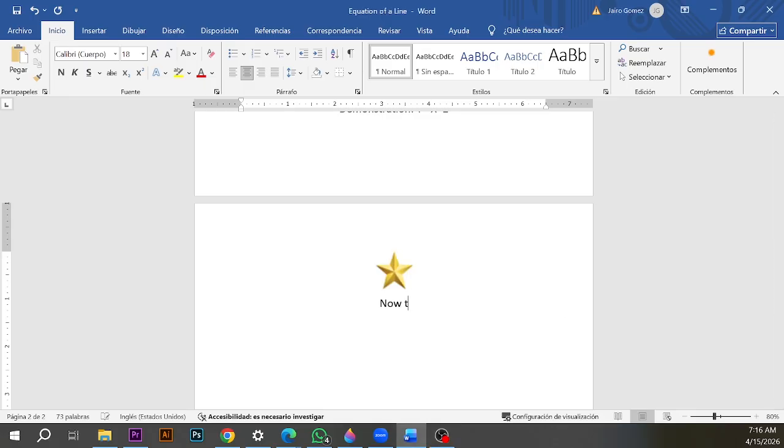So now that we saw that a line has a constant slope, but a function of a higher order does not necessarily have the same slope throughout.